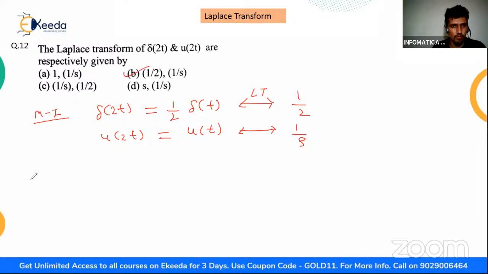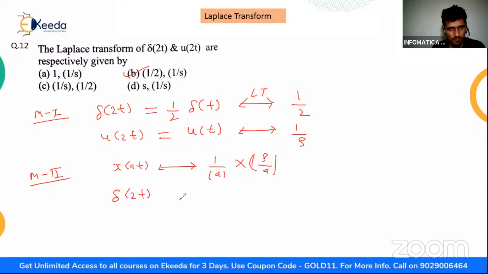In method 2, you can just use the definition of x of at. Suppose I am doing scaling in the time domain, then the Laplace transform will be 1/a X of s by a. So in that case, delta of 2t will have 1/2 and the Laplace transform of delta t, which is 1.